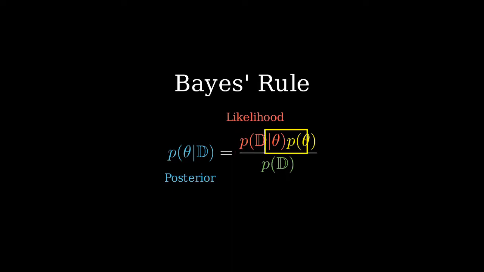The probability of the parameters on their own is called the prior, and this probability expresses a belief about the parameters prior to observing the data. The probability of the data is called the evidence. This probability is typically difficult or impossible to calculate, so usually some trick is used to avoid its calculation.